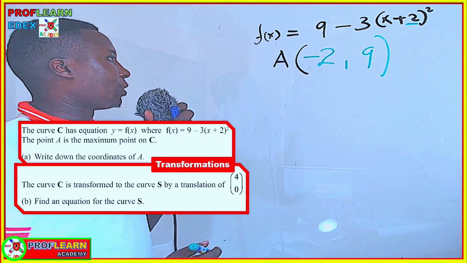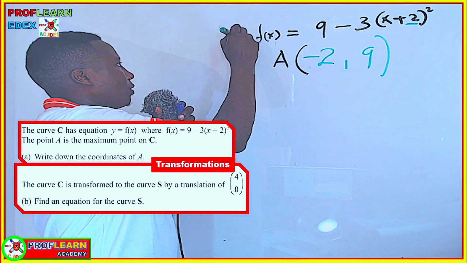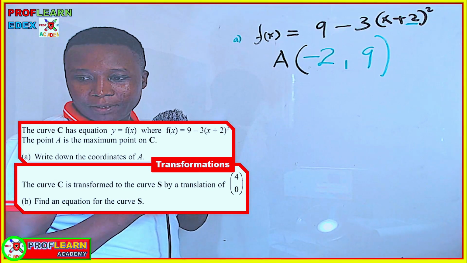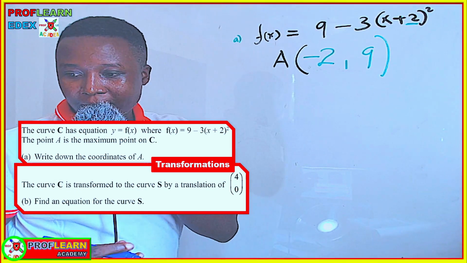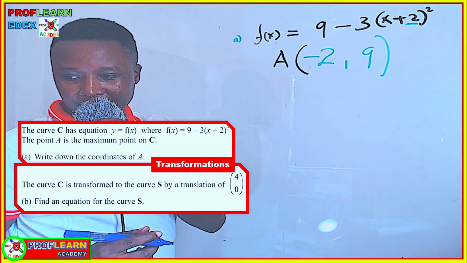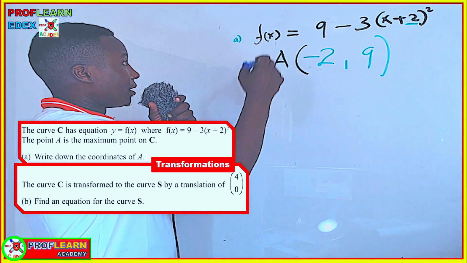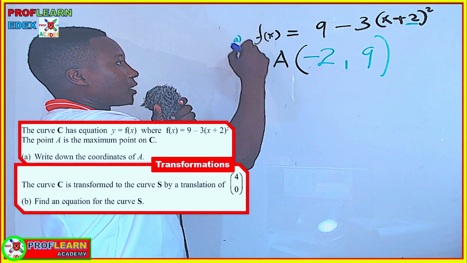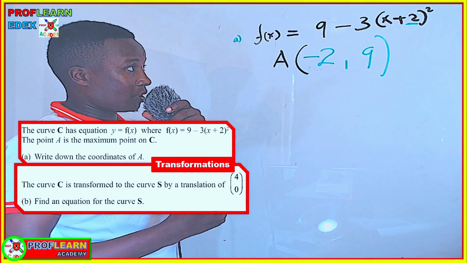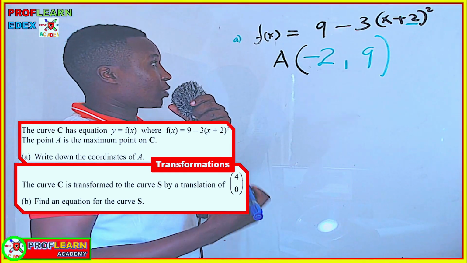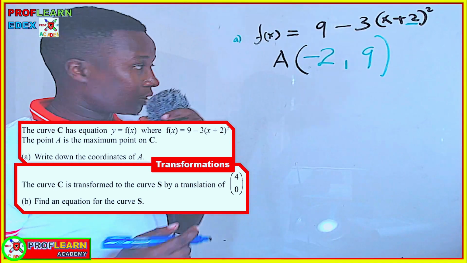Okay, so that is for part A, and then for part B, the curve C is transformed to a curve S by translation (4, 0). The curve C is transformed by translation (4, 0).